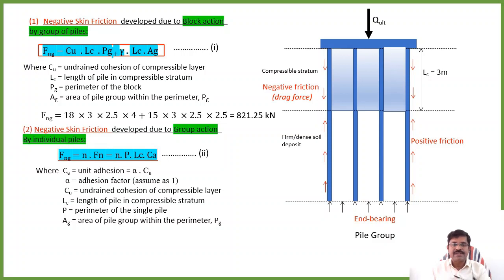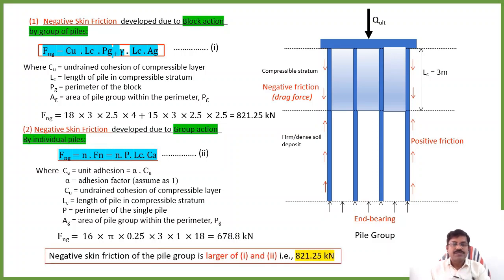So in this case we can assume it as 1. Cu is the undrained cohesion of the compressible layer, which is already given in the question, and we can calculate the negative skin friction developed due to group action by individual piles. There are 16 piles, so it can be calculated as 678.8 kilonewton.